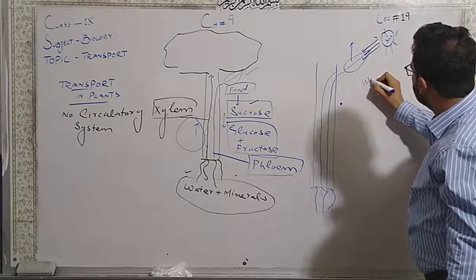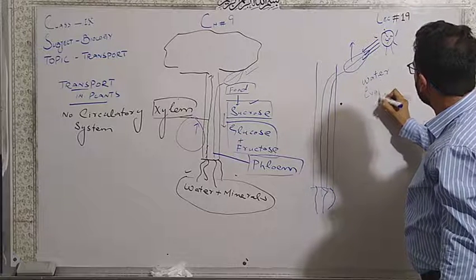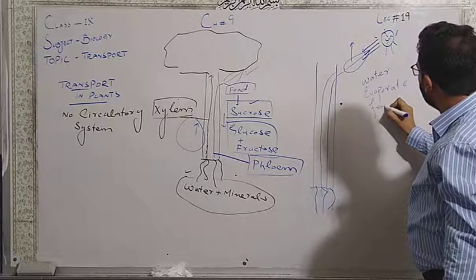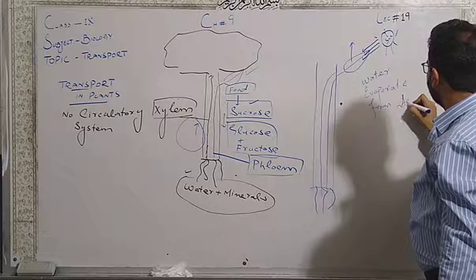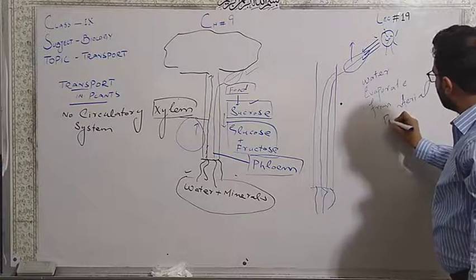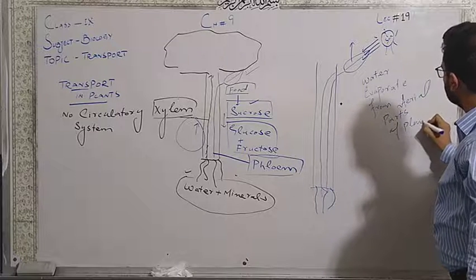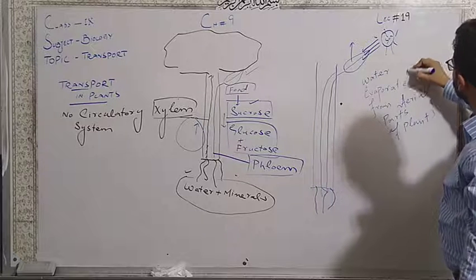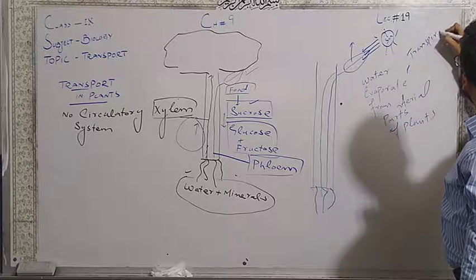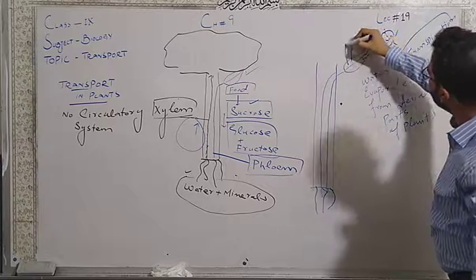When water evaporates from the aerial parts of the plant, this evaporation is called transpiration. This process is called transpiration. So we can say water is transpiring.